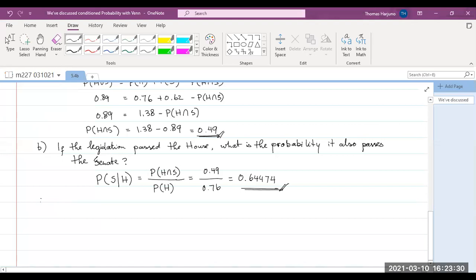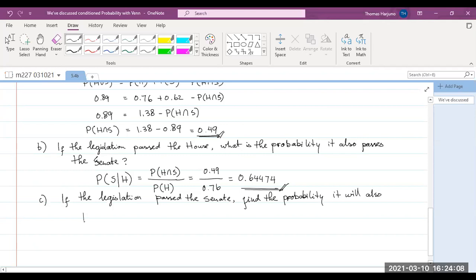Now you try this, part C. If the legislation instead passed the Senate, find the probability it will also pass the House.